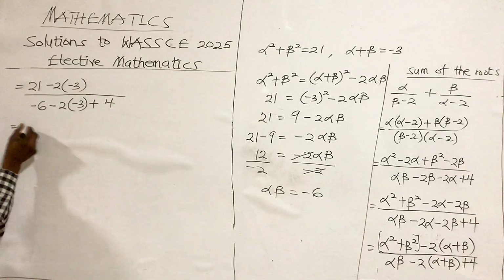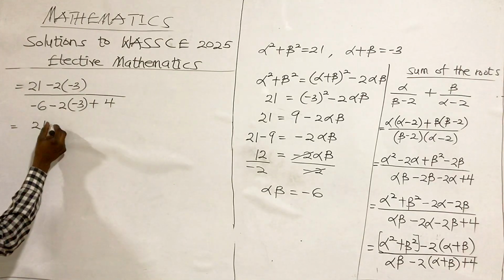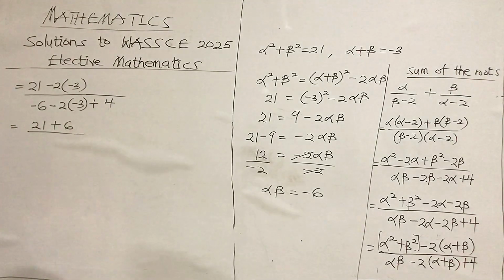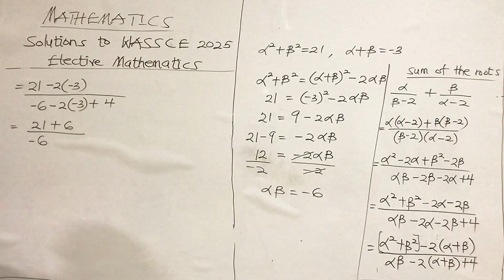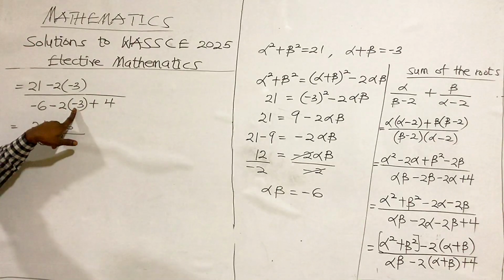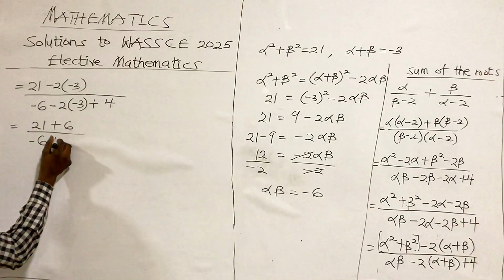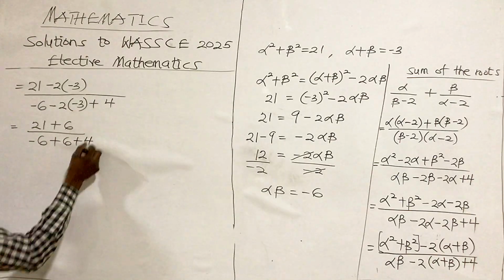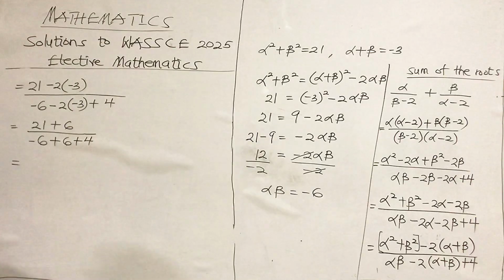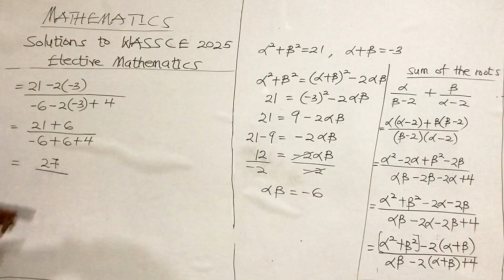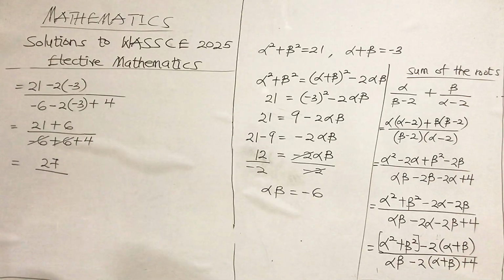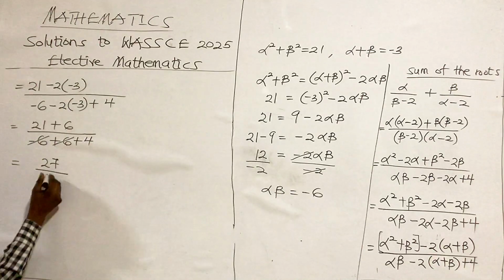So we have 21 plus 6, because negative 2 times negative 3 is positive 6, all over negative 6 plus 6 plus 4. 21 plus 6 is 27, and negative 6 plus 6 cancels out to 0, all over 4.